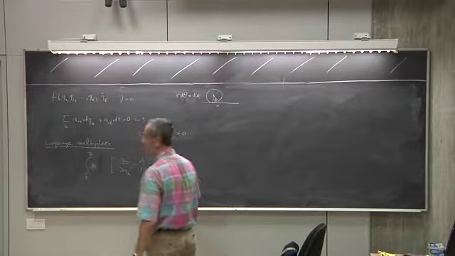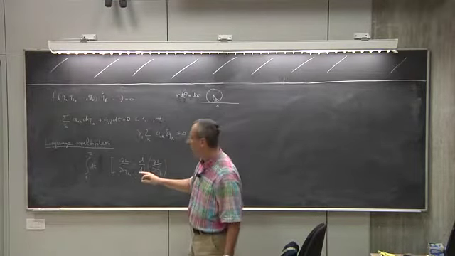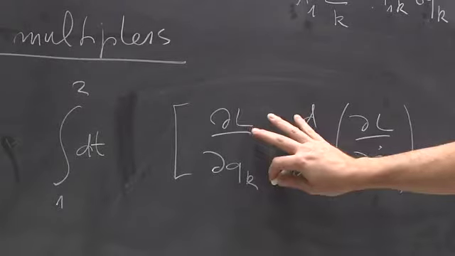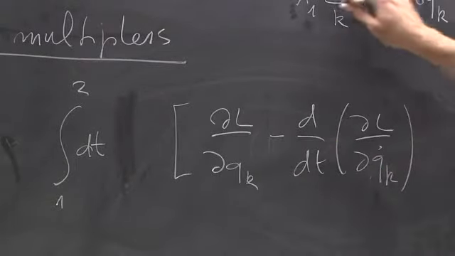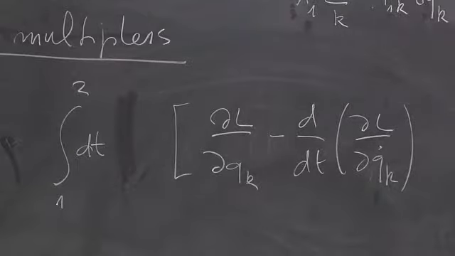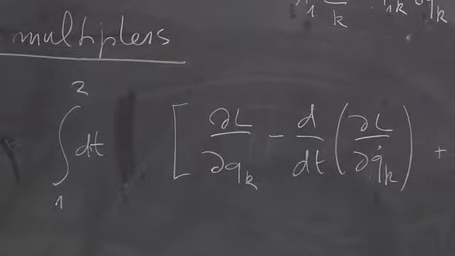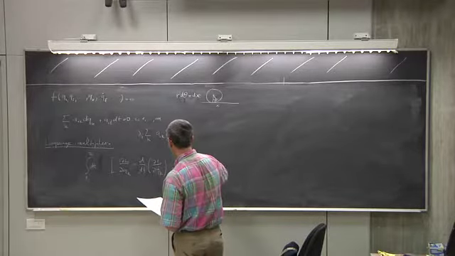This was the part that I obtained last time by using Hamilton principle just on the Lagrangian. But I add this part here that you see, plus lambda. Well, I have to keep the sum, right?